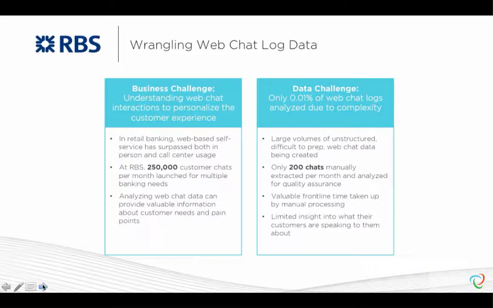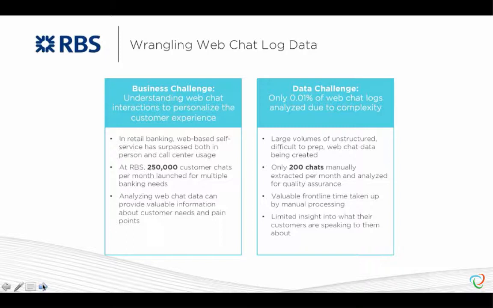And you can imagine the massive amount of interesting data you could get if you were able to analyze those web chats. However, the big challenge is that prior to implementing the data wrangling solution with Trifecta, Royal Bank of Scotland was only able to get through 200 chats every month.